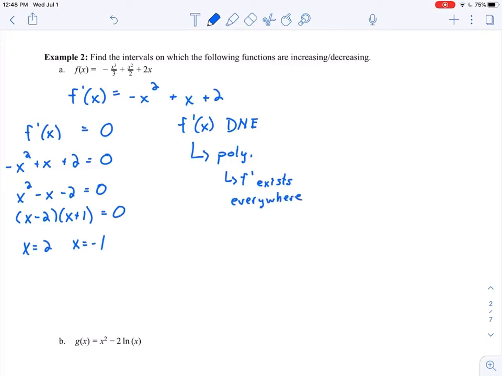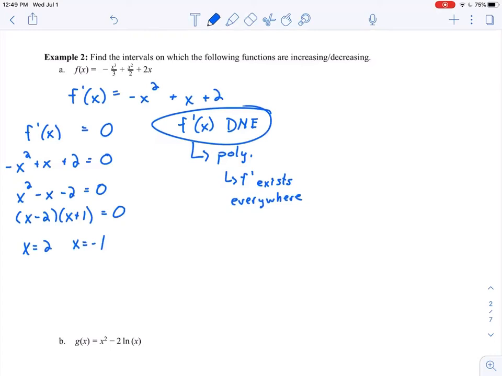Anytime we're working with polynomials, it's nice because we don't really have any extra partition numbers come up with this possibility. But it is somewhat of a double-edged sword, because then it's easy to forget to check the places where f prime of x does not exist if you're only looking at polynomials.